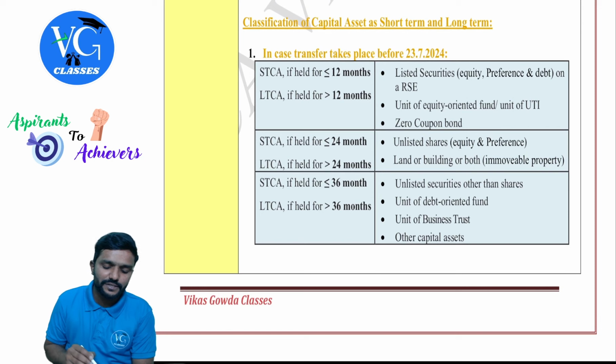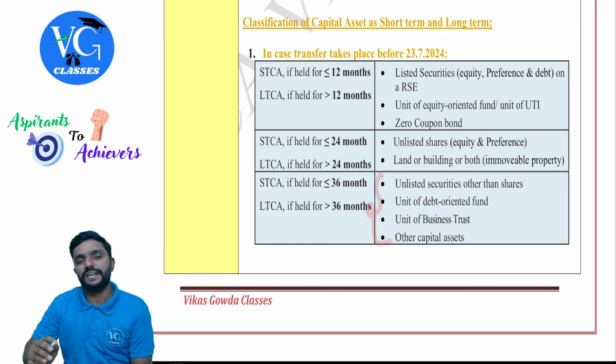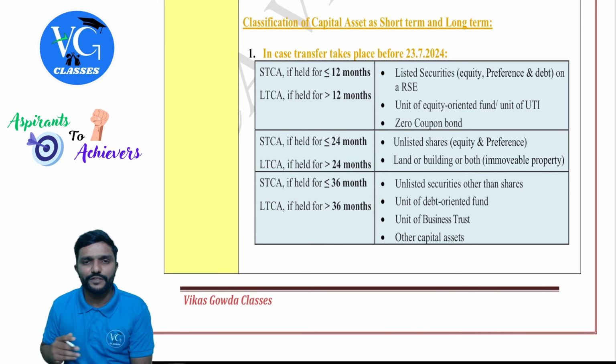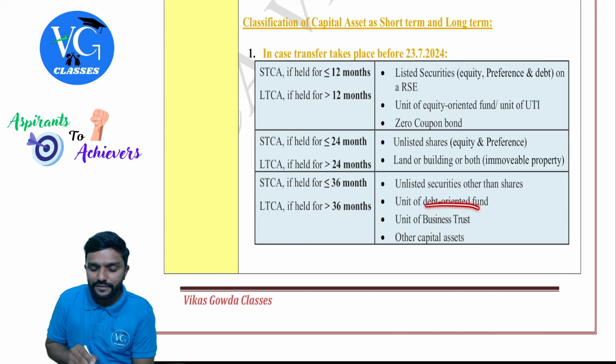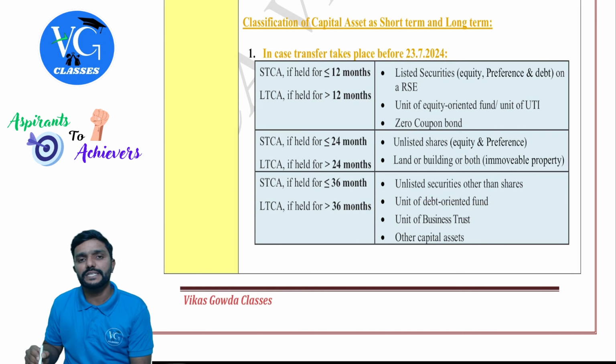Then any other assets will fall under the 36 months criteria. I have also named a few of them because students might have confusion here: unlisted securities other than shares, like debt instruments, units of a debt oriented fund, units of a business trust and other capital assets. Why have I specifically given units of a business trust, guys?